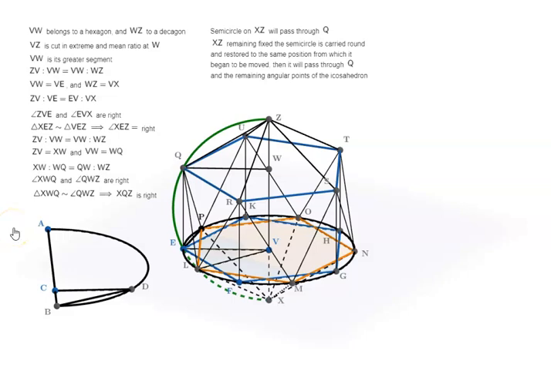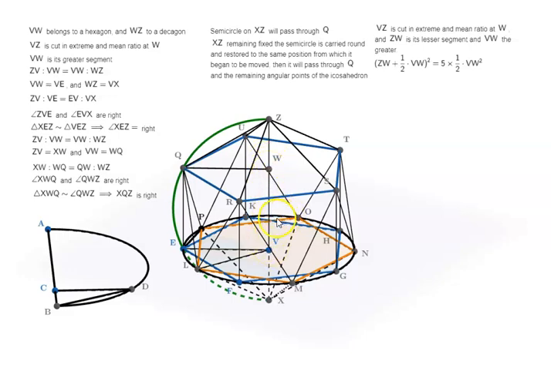So what we do is we take VZ and cut it in extreme and mean ratio at W, and ZW is the lesser segment and VW the greater segment, which we have already done. Everything is there.